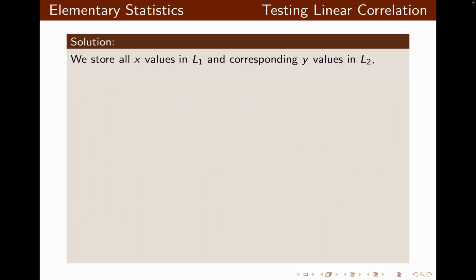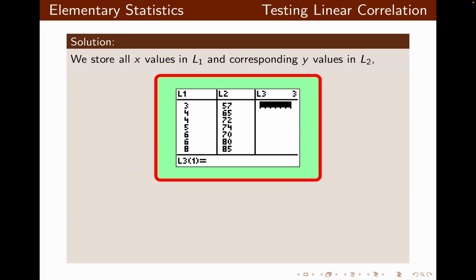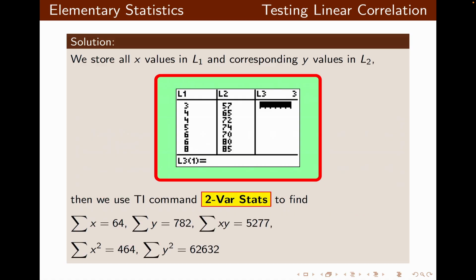First, we're going to store all the x values in L1 and all corresponding y values in L2. Then we're going to use the TI command 2-Var Stats to find the summation of x, summation of y, summation of xy, summation of x squared, and summation of y squared.